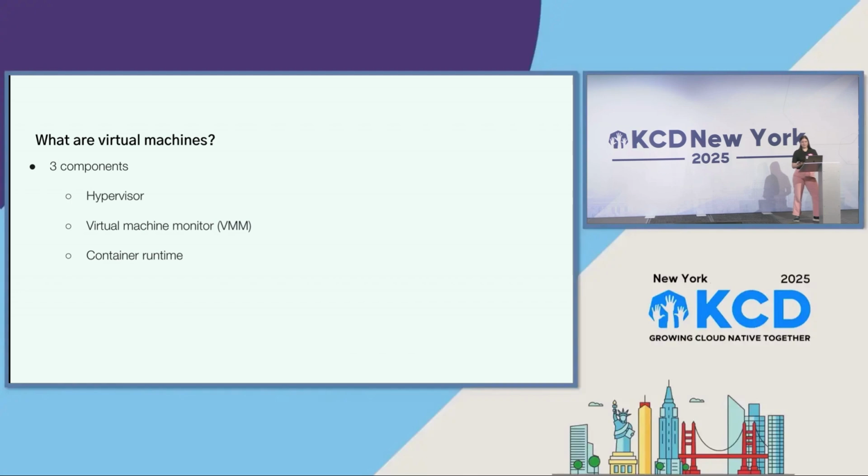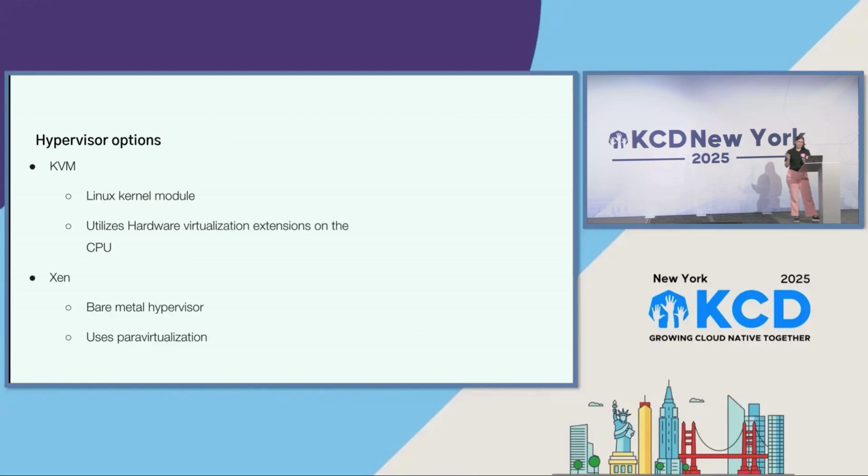And then finally, because we're running containers, you need a container runtime that's able to run on the virtual machine and provides a familiar environment for those containers, so they can just run. Your existing containers can just run without you having to rewrite them. So I'm going to go through each of those layers, and then we'll bring it all together.